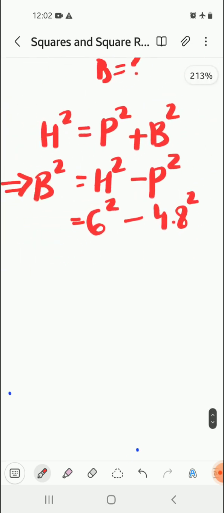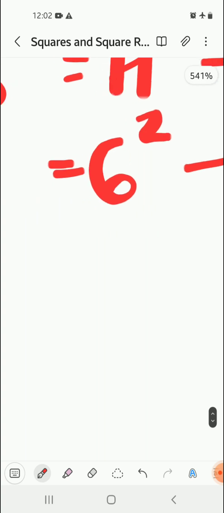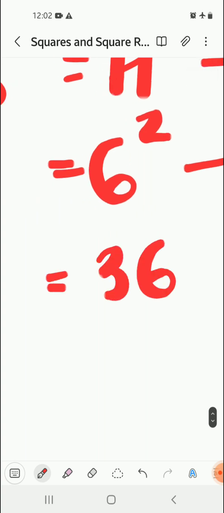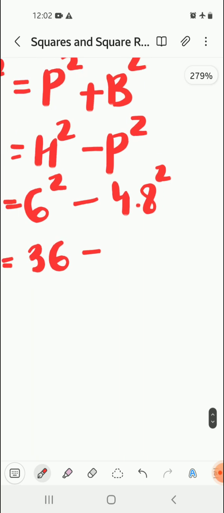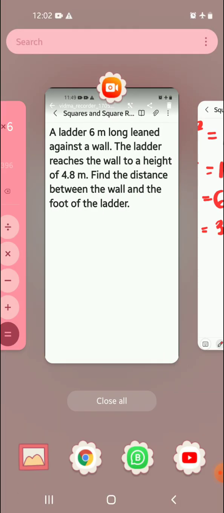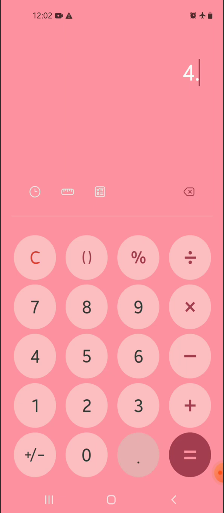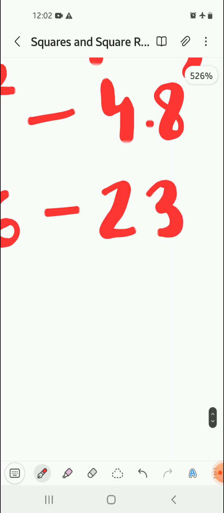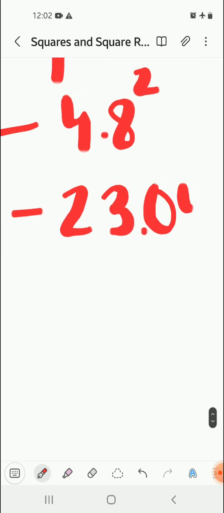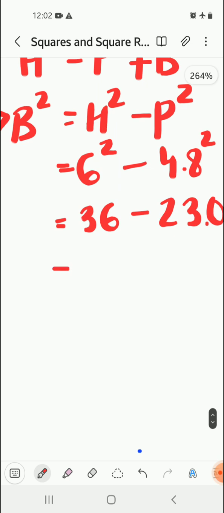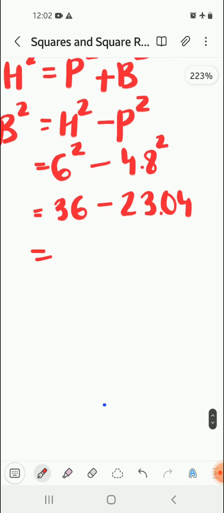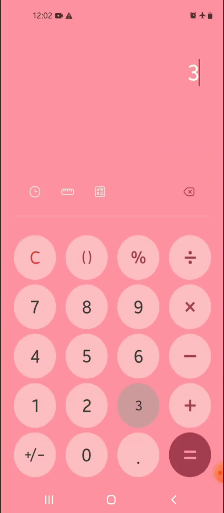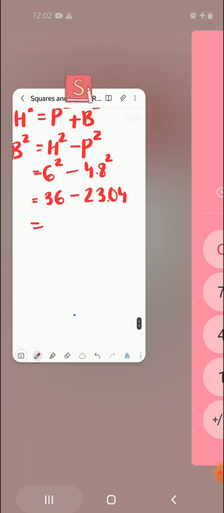Now we are going to find the square of the number. 6 square is 36 and 4.8 square is 23.04. Subtract 23.04 from 36. 36 minus 23.04, that is 12.96.